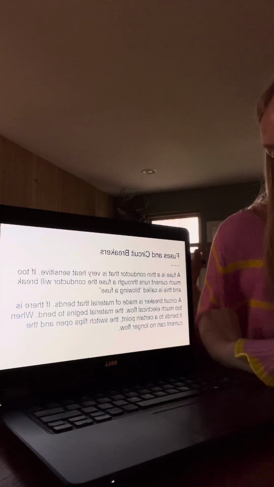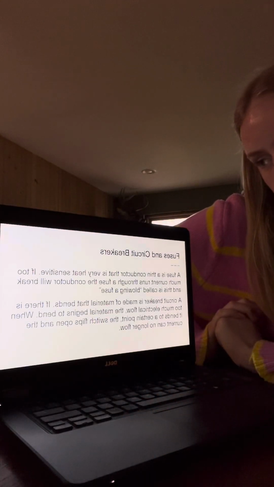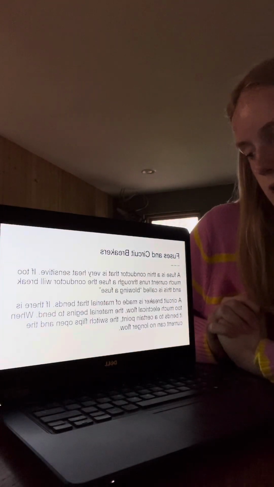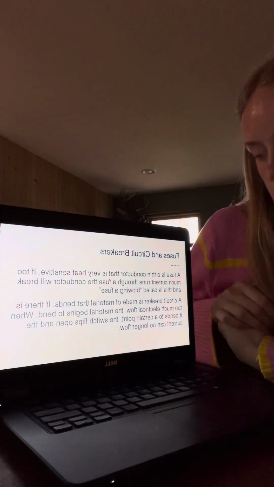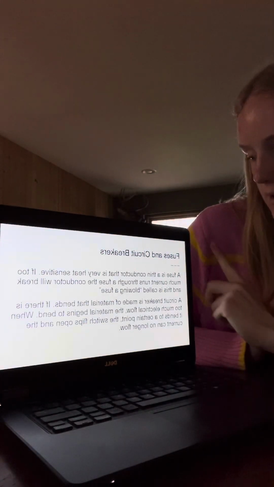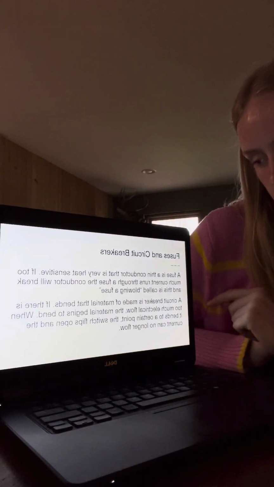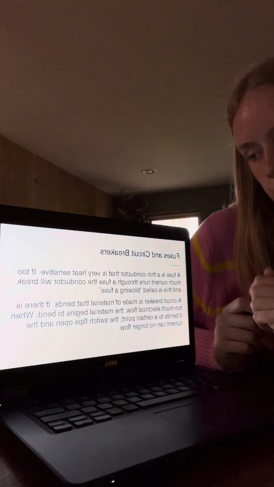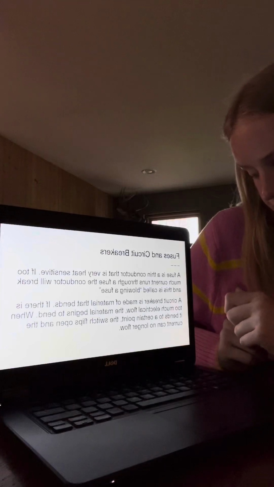A fuse is a conductor that is very thin and very heat sensitive. If too much current runs through a fuse, the conductor will break, and this is called blowing a fuse. And then a circuit breaker is made of a material that bends. So if there is too much electrical flow, the material begins to bend.